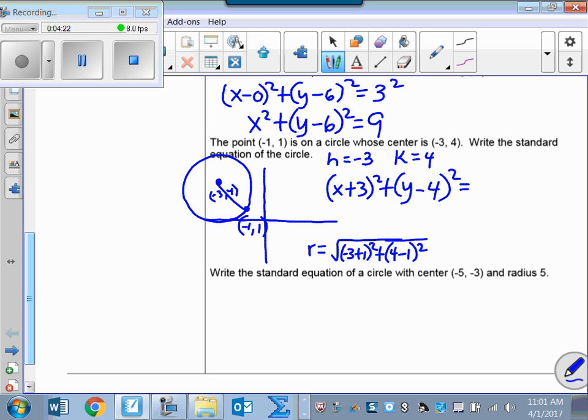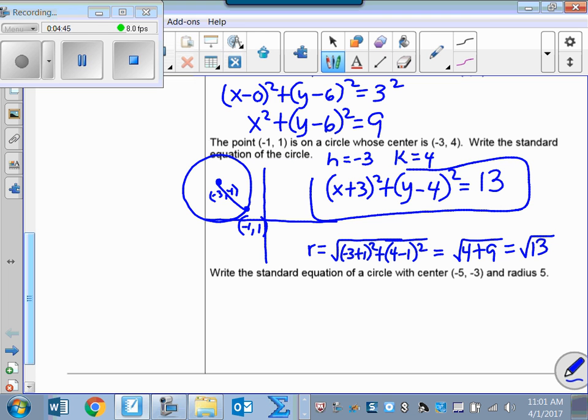Hope you haven't forgotten the distance formula. So that is, let's see, -3 plus 1 is -2. -2 squared is 4. And 3 squared is 9. So I got the square root of 13 for my radius. But in the equation, it's r squared. So I'm going to square that. So what's going to go right there is just 13.